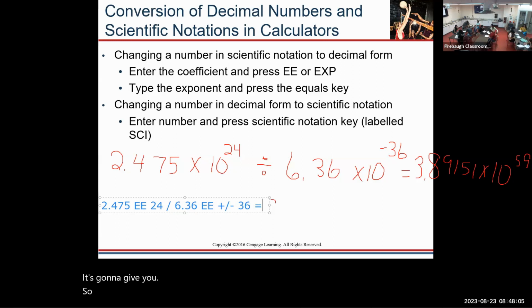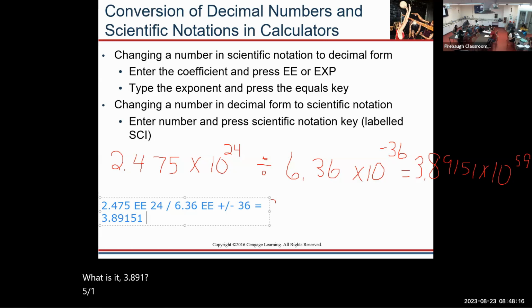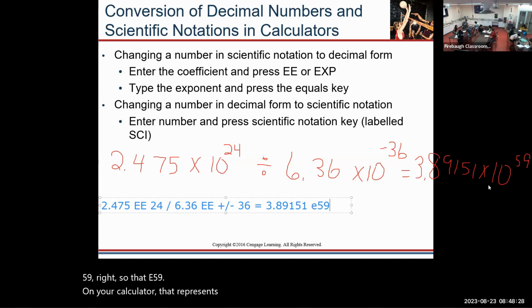So when you enter your equal, it's going to give you the same number that we have, 3.89151, and then it says E 59, right? So that E59 on your calculator represents 10 to the 59.